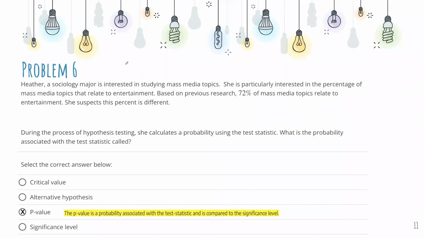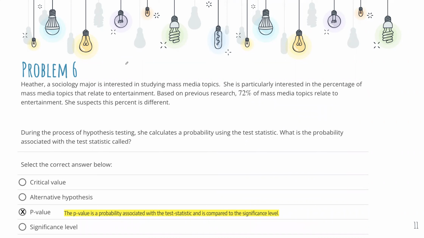Problem number 6. Heather, a sociology major, is interested in studying mass media topics. She is particularly interested in the percentage of mass media topics that relate to entertainment. Based on previous research, 72% of mass media topics relate to entertainment.